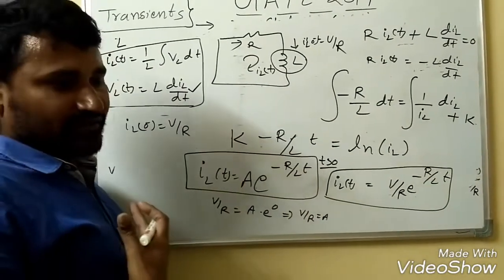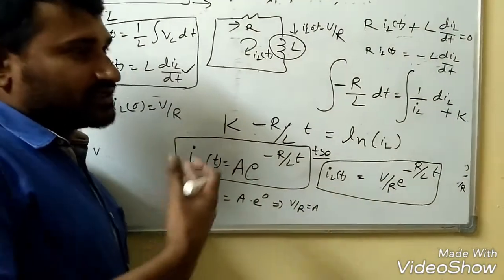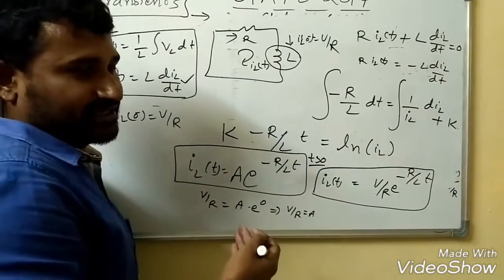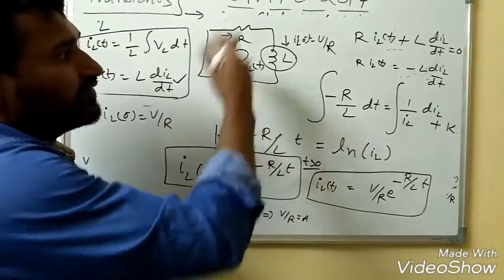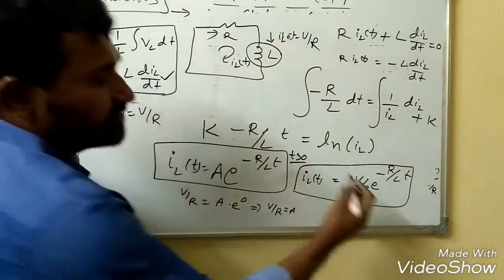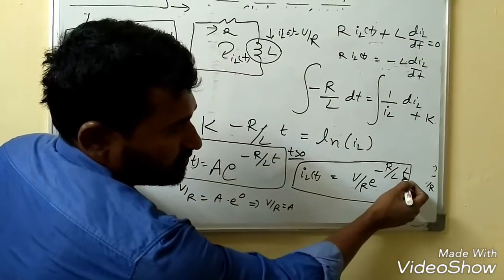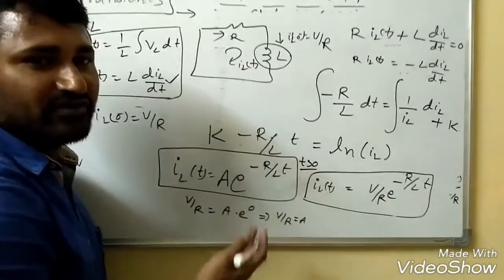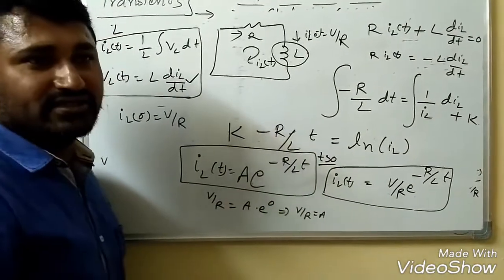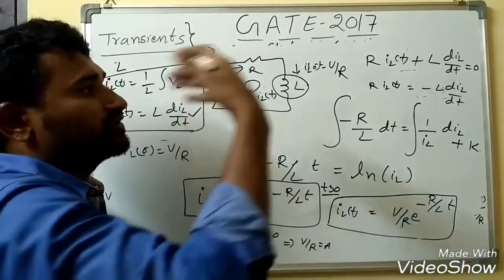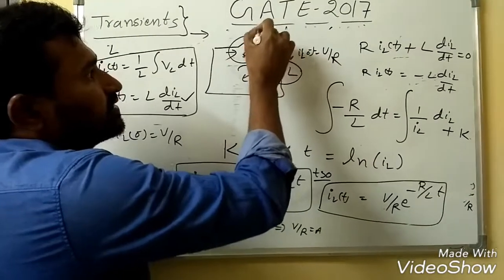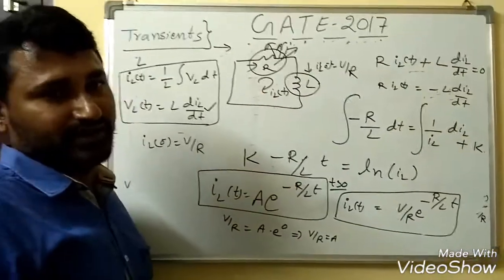It has some initial energy, and it is giving it to the resistor. That means it is losing its energy. At infinite time, this energy will become 0, because if you substitute t equal to infinity, we get IL of t equal to 0. What is the energy? Half into L into I square. So the energy is 0. That means it will give its total energy to this resistor, and this resistor will dissipate that energy in terms of heat.